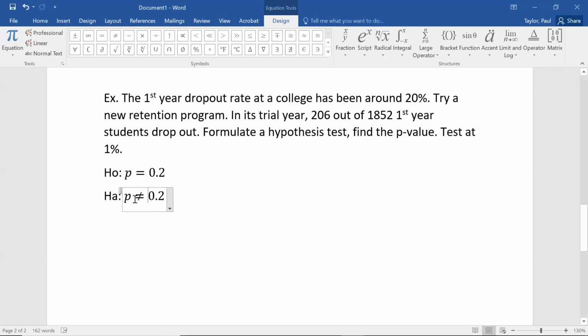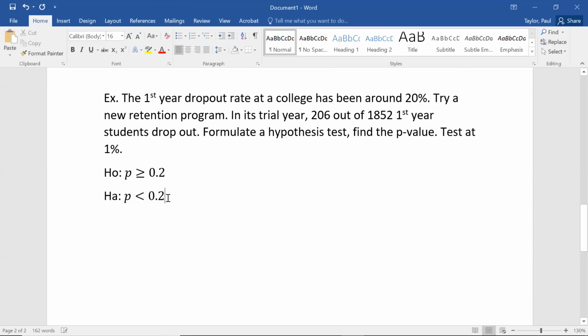So I think that because what we want to know is whether the retention program is working, the alternative hypothesis we're looking for is really less than. We would like the dropout rate to be lower than it was before we instituted this new program. And the way that our book writes things, that means that this is going to be greater or equals.